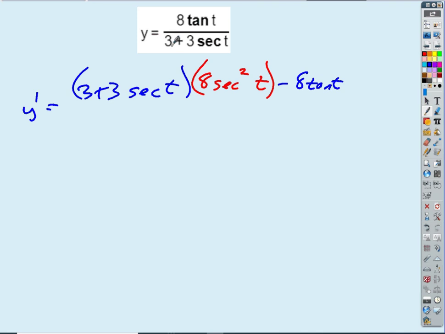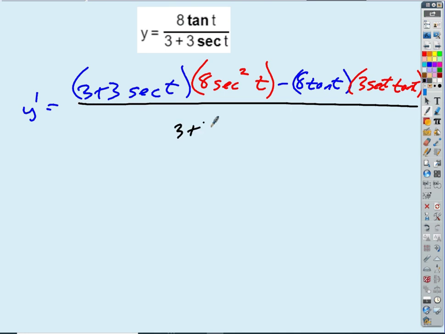What's the derivative of 3? 0. And then 3 times secant x tangent x. Okay, good. So derivative of 3 secant t is just 3 times the derivative of secant t. So we get 3 times secant times tangent, all divided by the quantity 8 plus 3 secant t, squared.